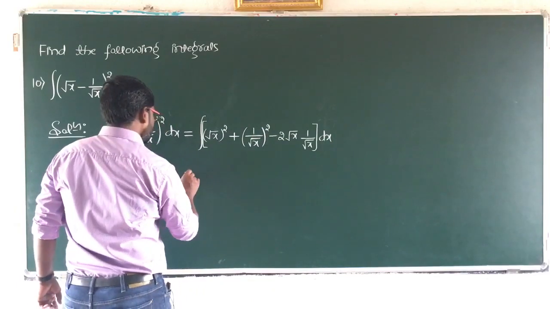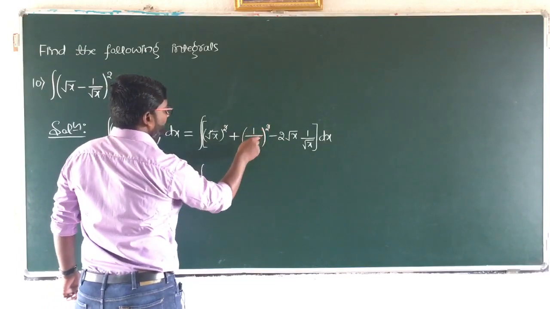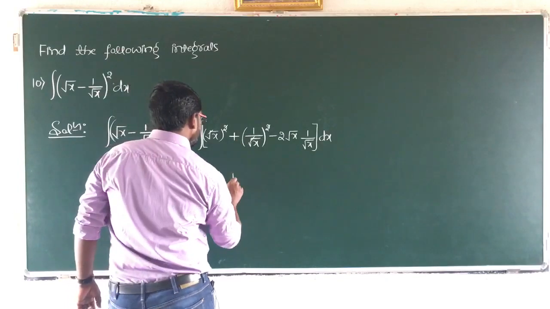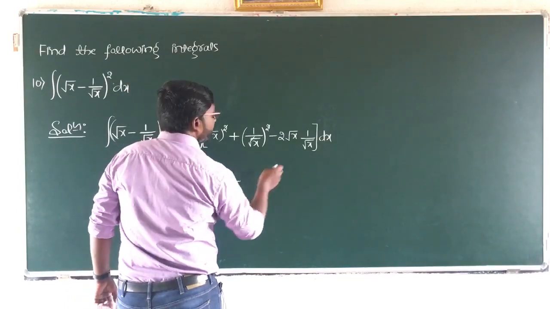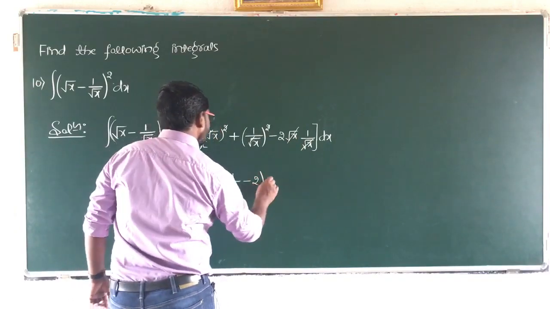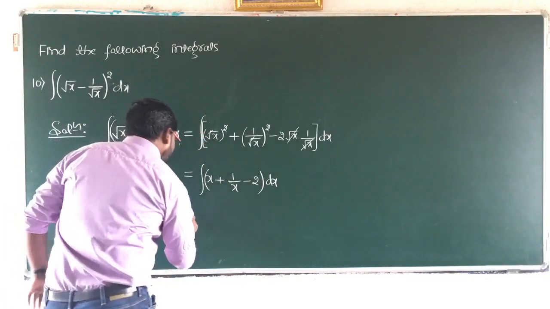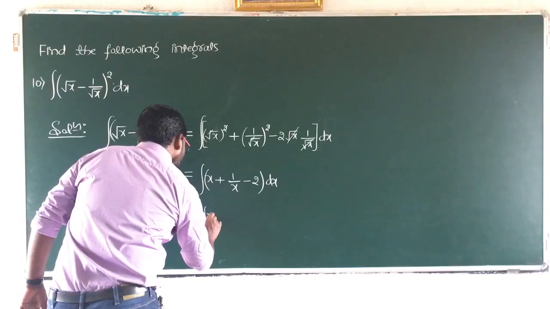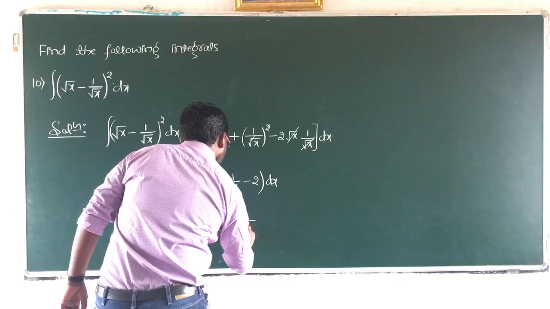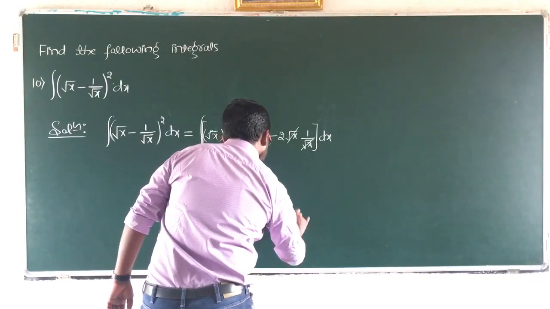Here square and root get cancelled, here also square and root get cancelled. Here we get x, here we get 1 by x, then root x and root x get cancelled, we get minus 2 dx. Here we will have to integrate them separately, which is equal to integral x dx plus integral 1 by x dx minus integral 2 dx.